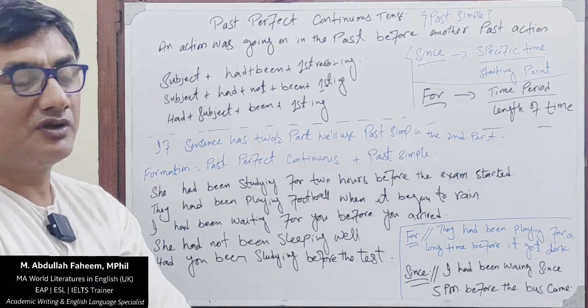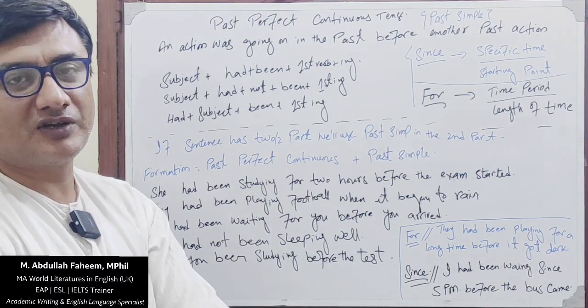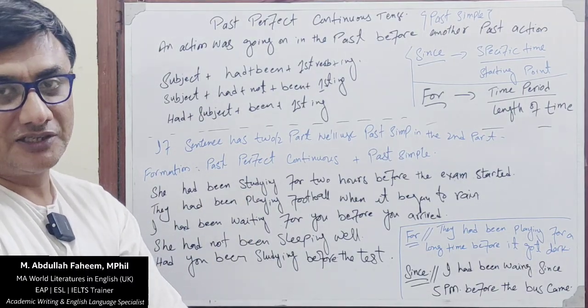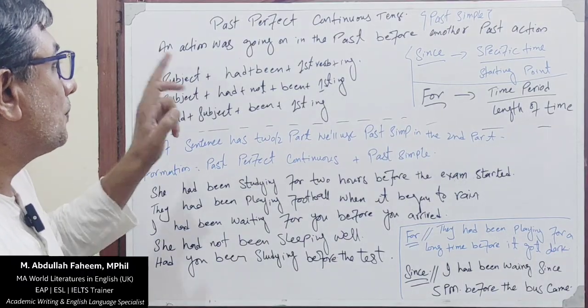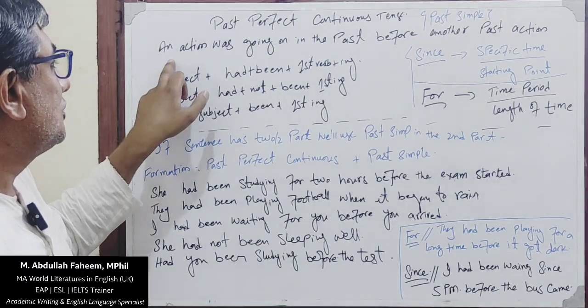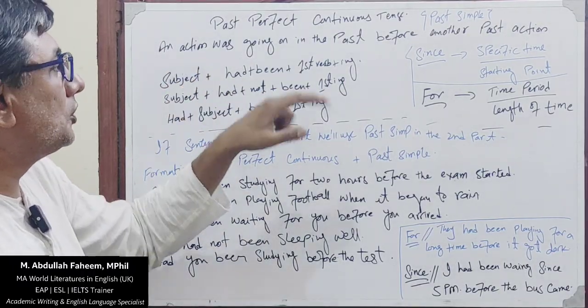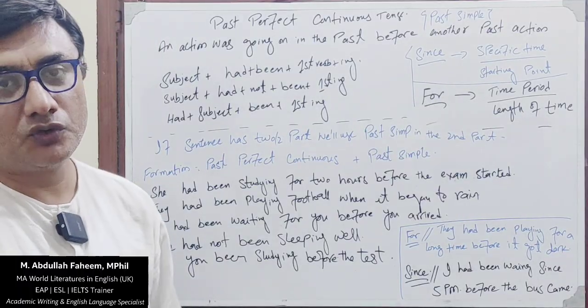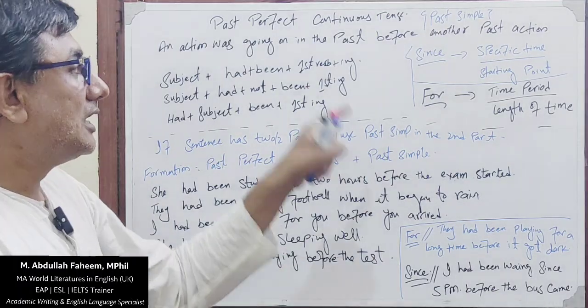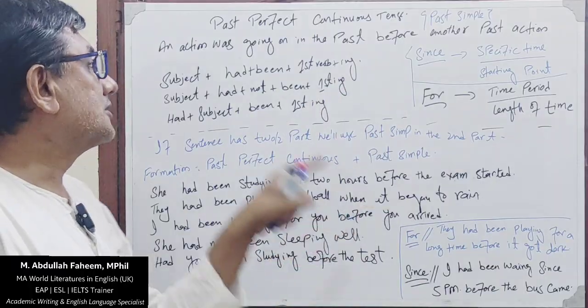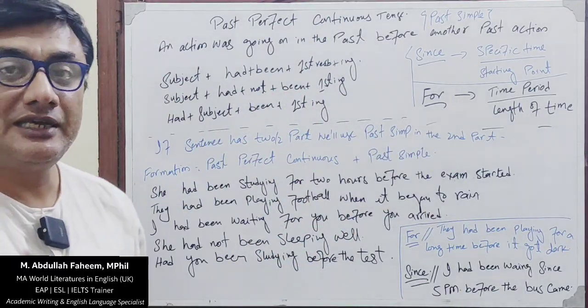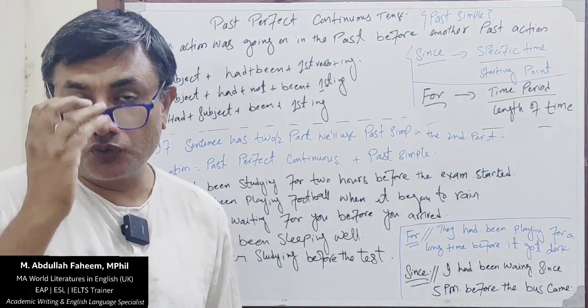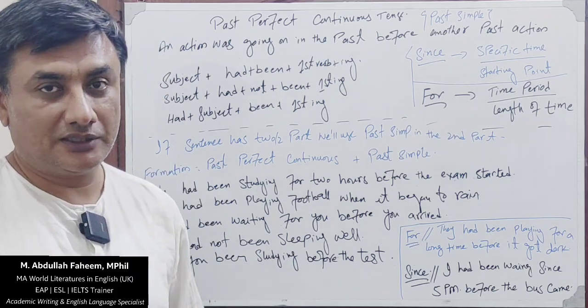The similar notion will be applied in this tense as well, but not at every stage. So past perfect continuous actually shows an action was going on in the past. ये तो हमारे लिए clear है कि something was going on or continued in the past before another past action, यानी किसी भी एक्शन के होने से पहले एक और काम जारी था.